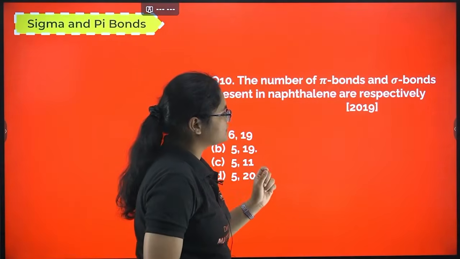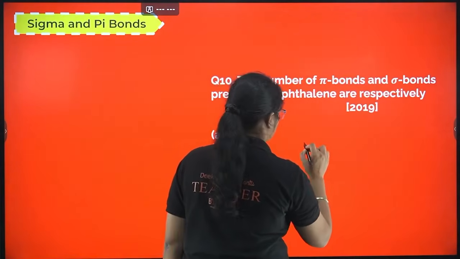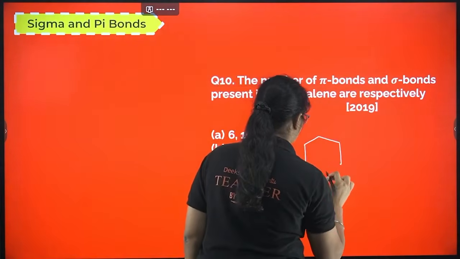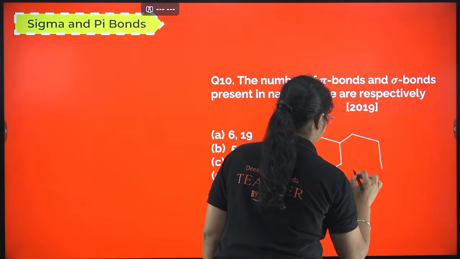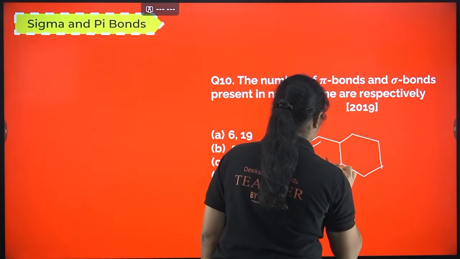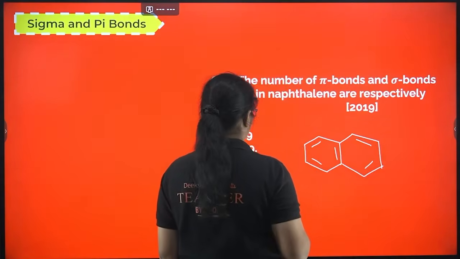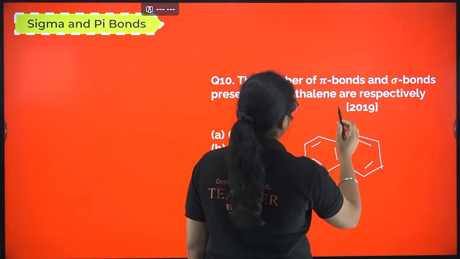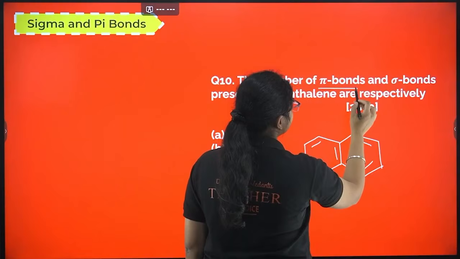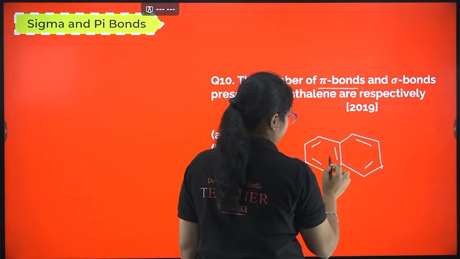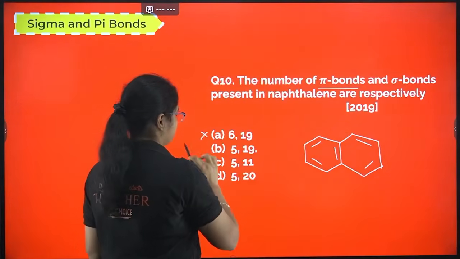The number of pi bonds and sigma bonds present in naphthalene are respectively. So we have this naphthalene, it is like this. Now if you see pi bonds 1, 2, 3, 4, 5, so I can eliminate this option.